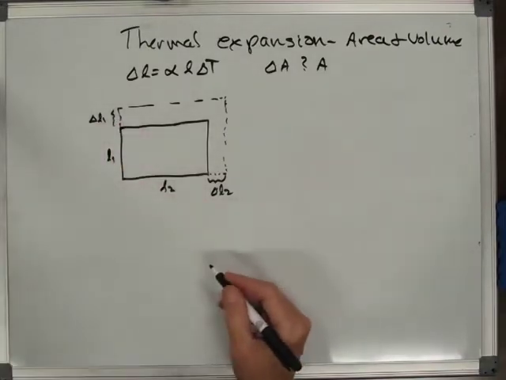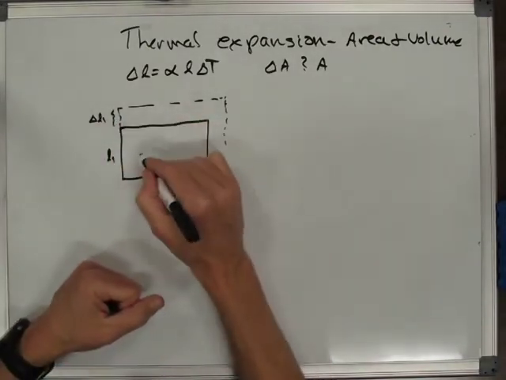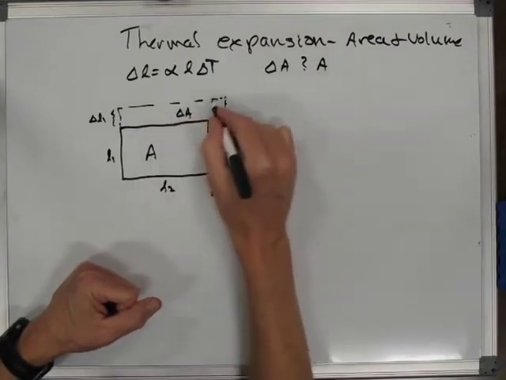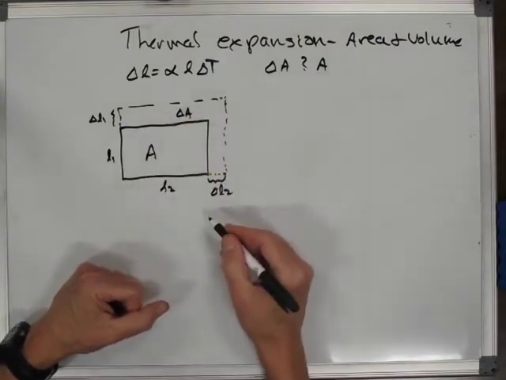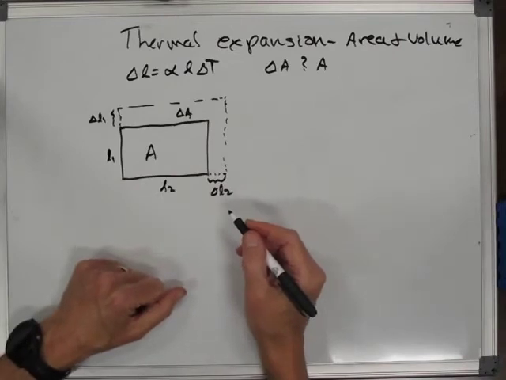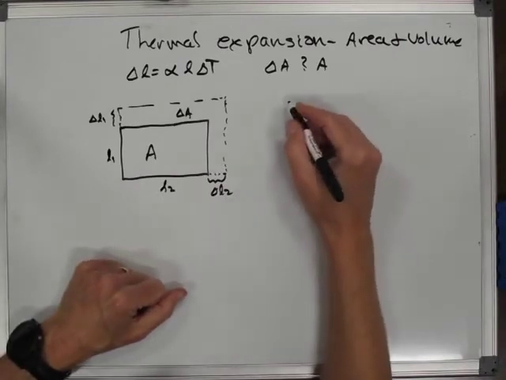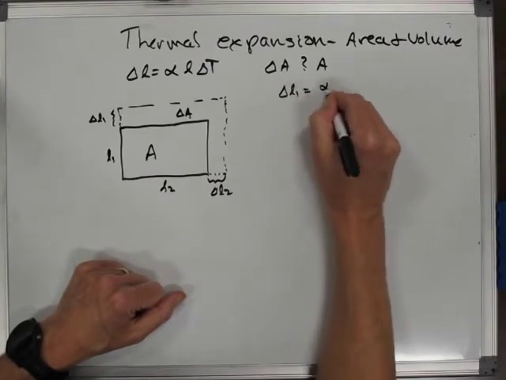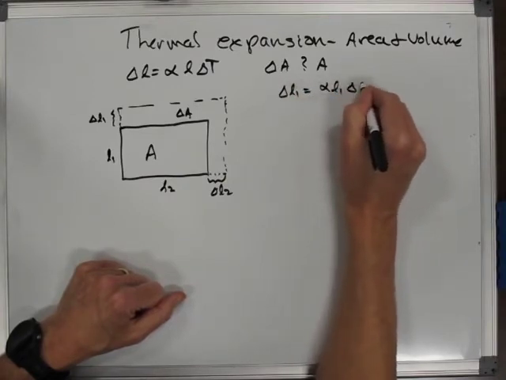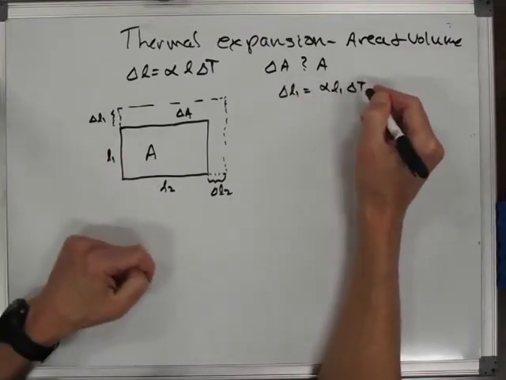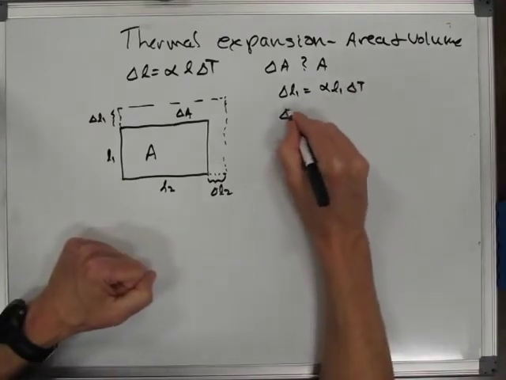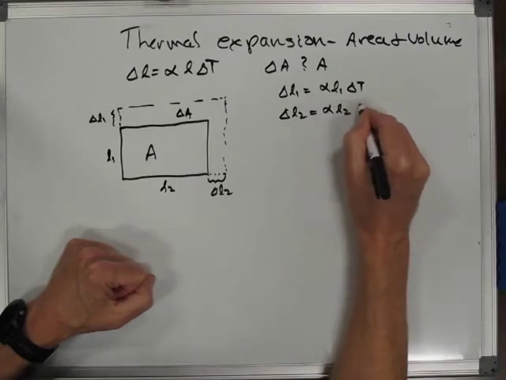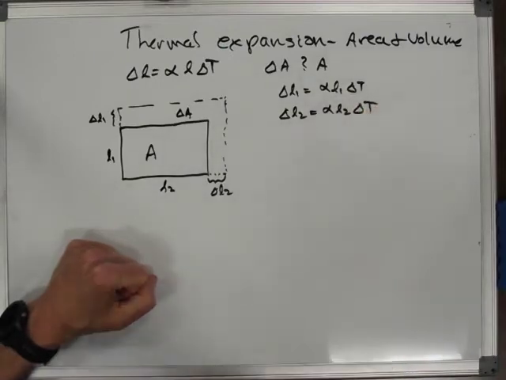This area is the area, and this is the change in the area, what it expanded into. We want to know how these two are related. Well, we already know that delta L1 is equal to alpha L1 delta T, because that's just the coefficient of linear expansion. Similarly, delta L2 is equal to alpha L2 delta T.